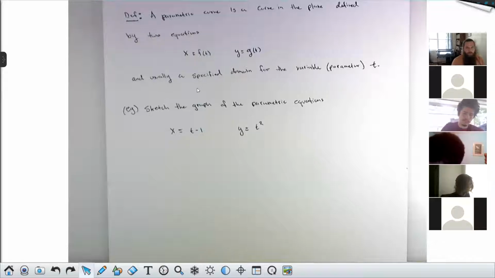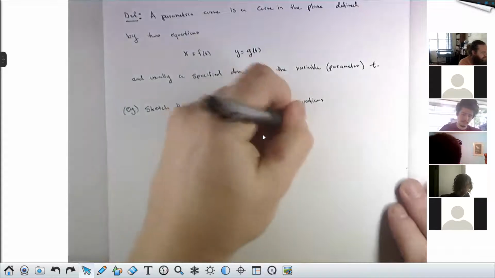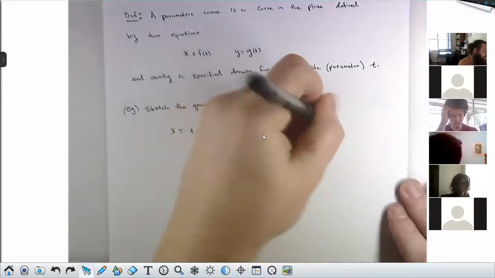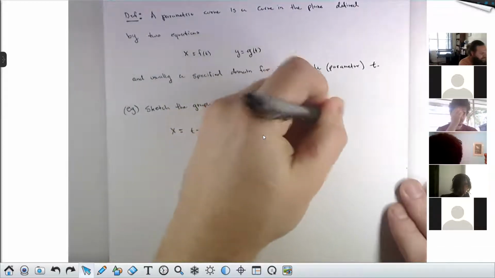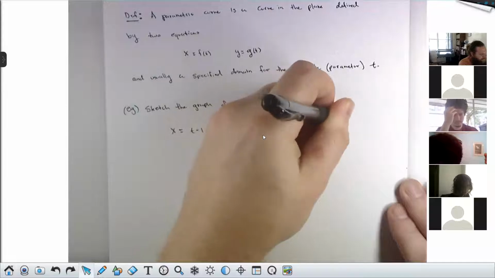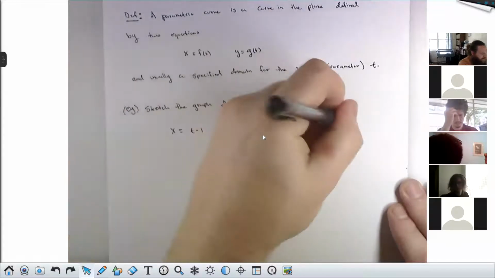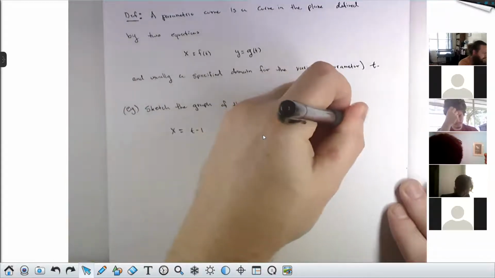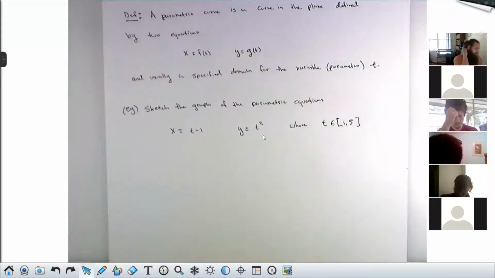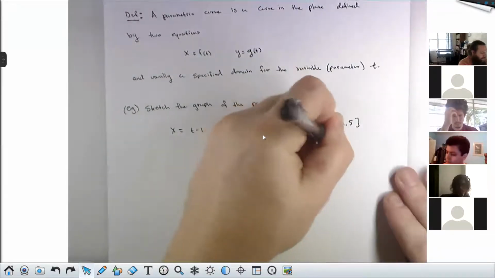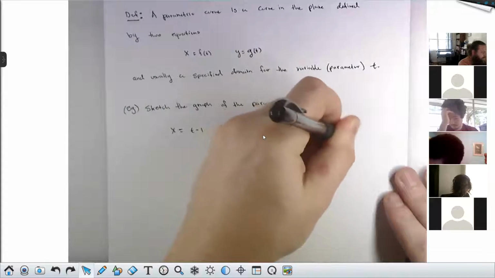We're going to sketch these in the xy plane. But our variable is t, and we think of t as, again, being like time. I'll specify a time domain. Let's say t comes from the closed interval 1 to 5. Or you could also write this as 1 is less than or equal to t is less than or equal to 5. These mean the same thing.